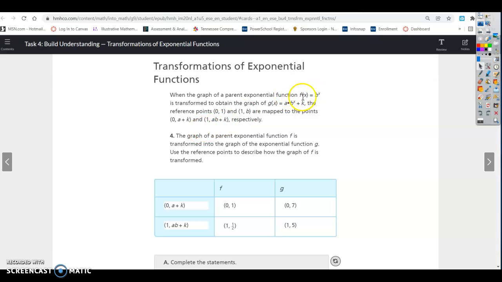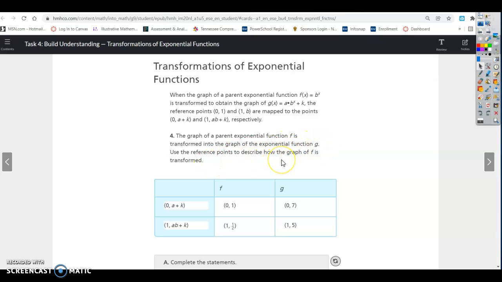So right here it's showing you that f of x is your parent function and g of x is this function. And to get those reference points, you're going to need these formulas, okay? So they're right here in the table. It says the graph of a parent exponential function f is transformed into the graph of the exponential function g.